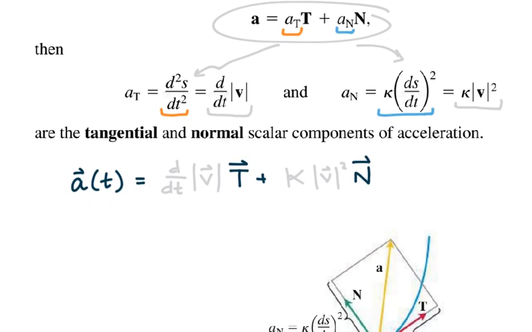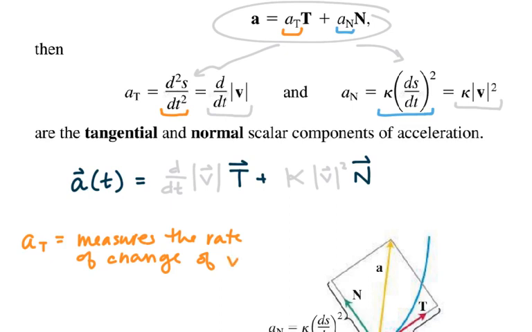So just a little bit more to consider here. This a sub t measures the rate of change of v, or rather, the change in speed.